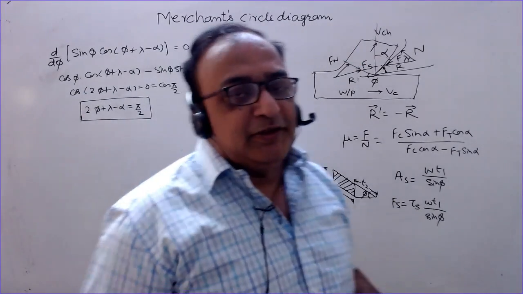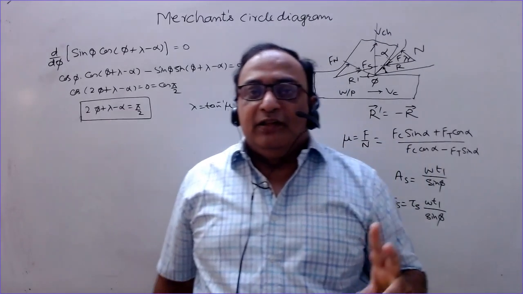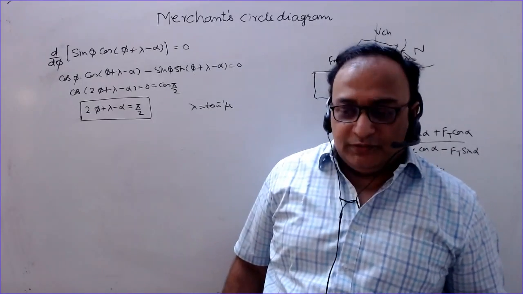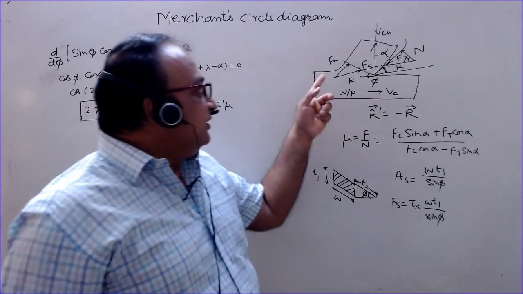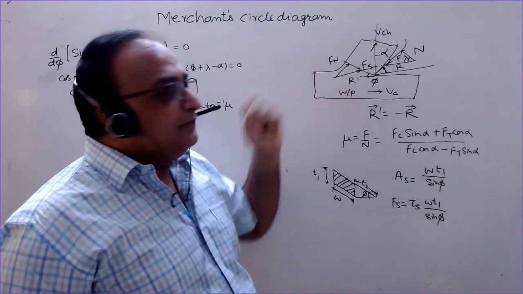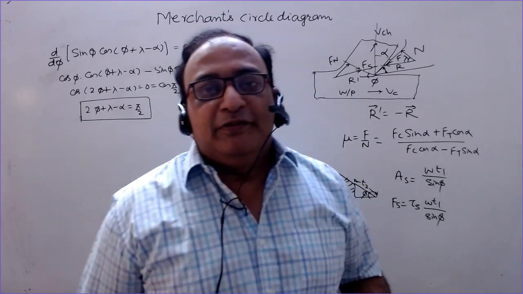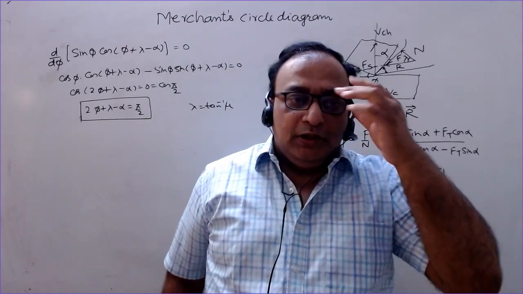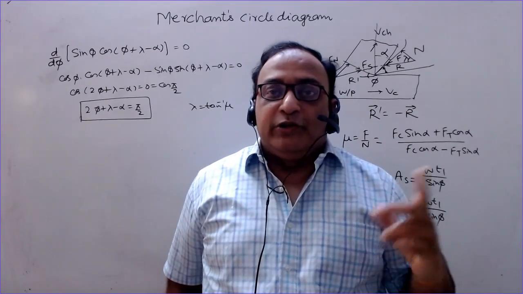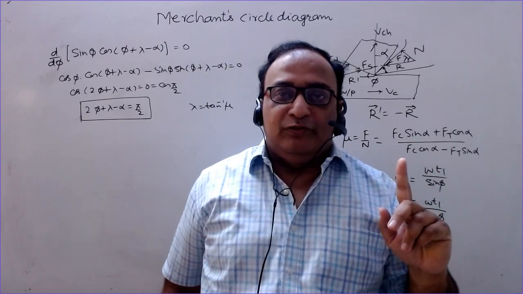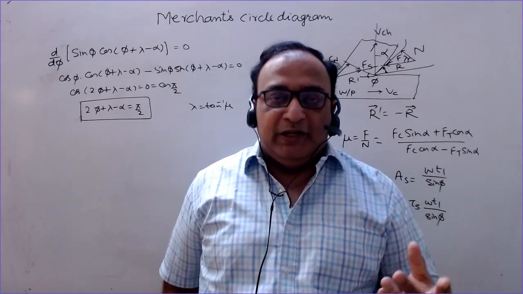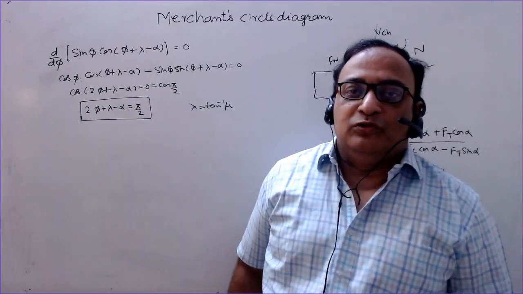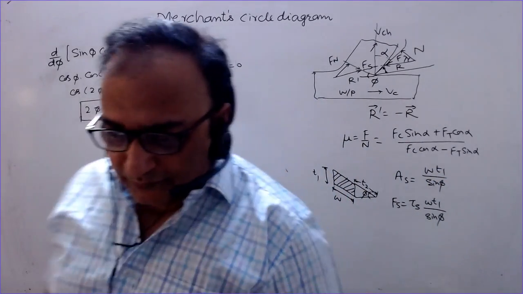Merchant first analyzed this by assuming that the shearing is occurring only because of this force. But here you can see the normal component is also acting. When Merchant found that this theory yields good results only with non-metals like plastics, he took this normal component into consideration, and assumed that a normal stress is also acting during the cutting operation.